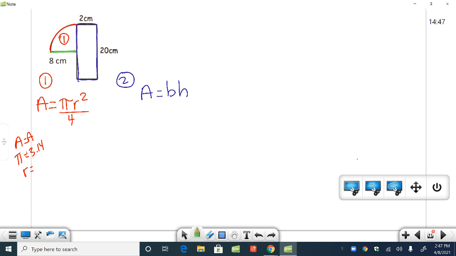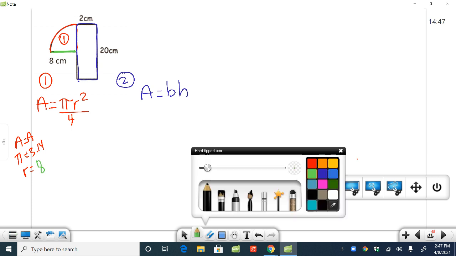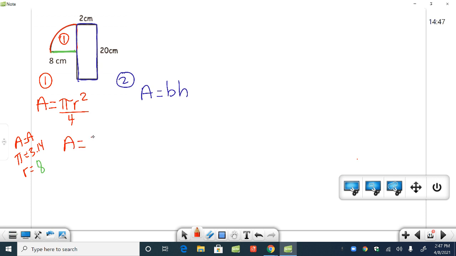So the radius is 8. All right, let's plug all that in. 3.14 times the radius, which is 8 squared, divided by 4.